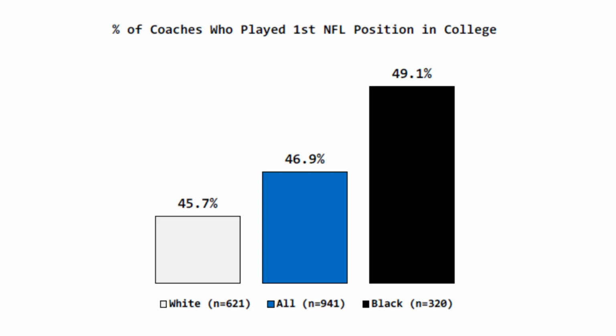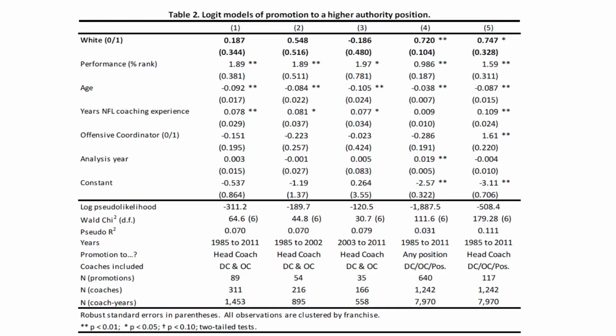If we also look at the percent of coaches who played their first NFL coaching position in college, some of this may not be driven by discrimination, but by black players more likely having played whatever position they initially start out coaching. So some of that is driven by the experience of the candidates applying for positions.